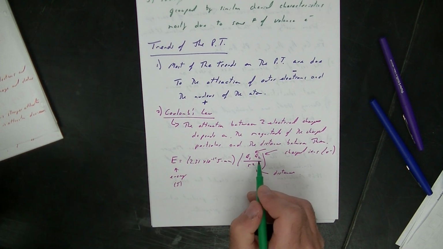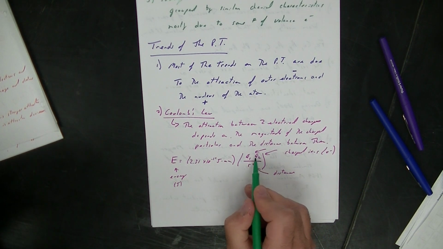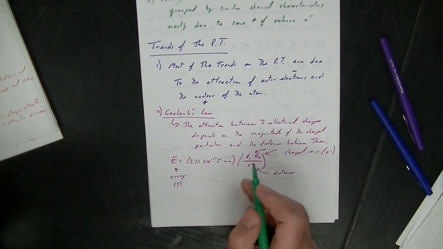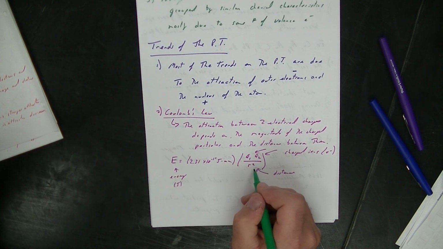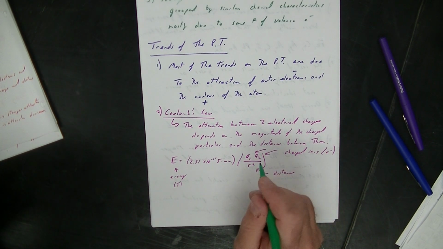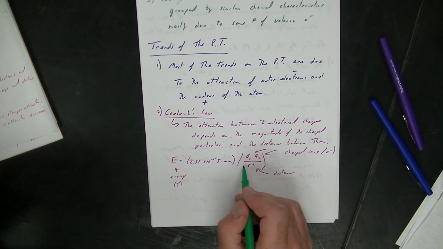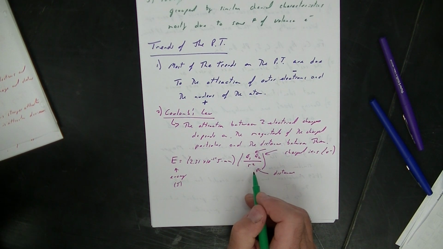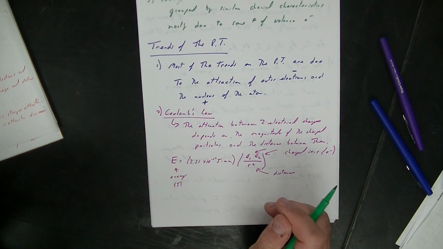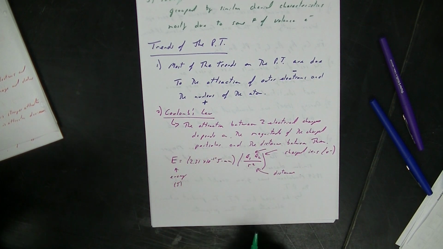Now, if we keep the distance the same and we increase the number of protons and electrons, so let's say we go 1 proton, 1 electron, 1 times 1 is 1, divided by whatever, and then compare it to a nuclear charge of 10 and a number of electrons of 10, this number keeps getting bigger. If the distance stays the same, it's going to change our energy.